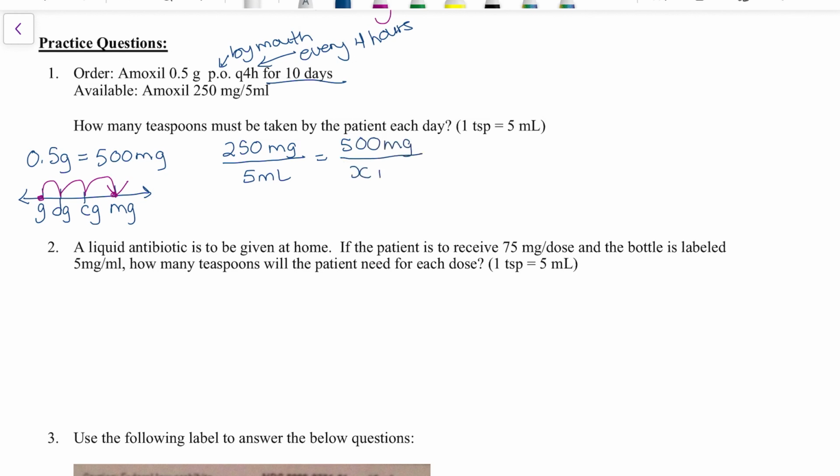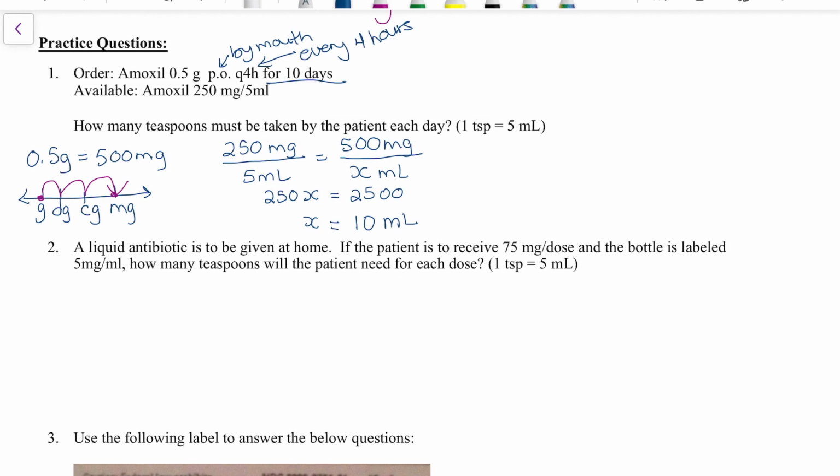Okay, so 500 milligrams is how many milliliters? I'm going to cross multiply, get 250x equals 2500, and therefore x equals 10 milliliters. Okay, so they need 10 milliliters.